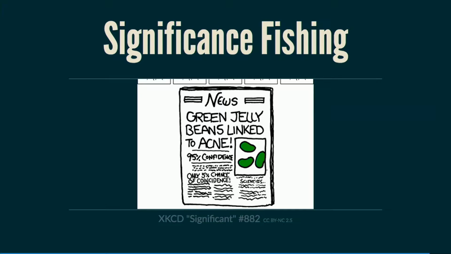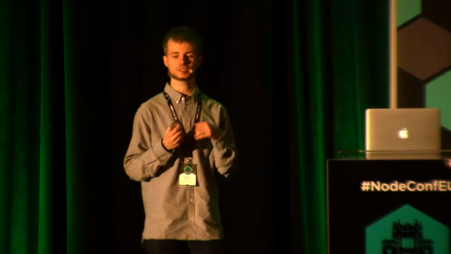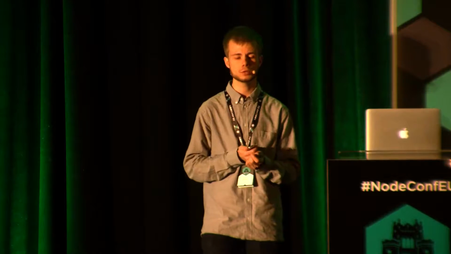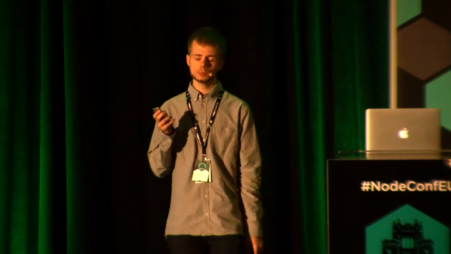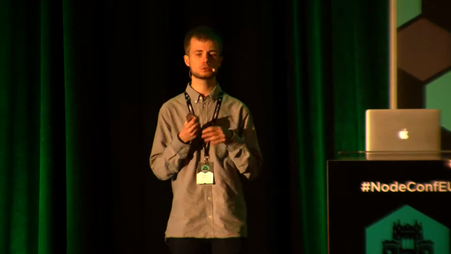So while it may be true that green jelly beans cause acne, we have to be aware of this 5% risk. This 5% risk that we only got a statistically significant result because of randomness. In reality, there's no correlation. That is not a problem if you do just one experiment. However, here we do 20 different experiments with different colors.